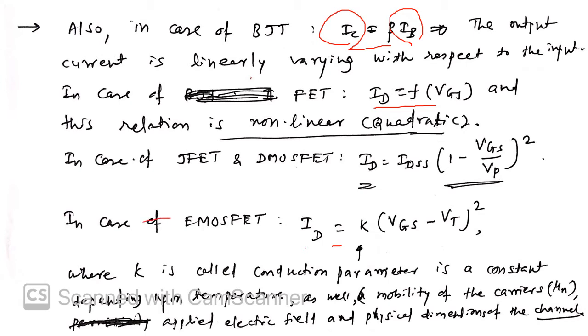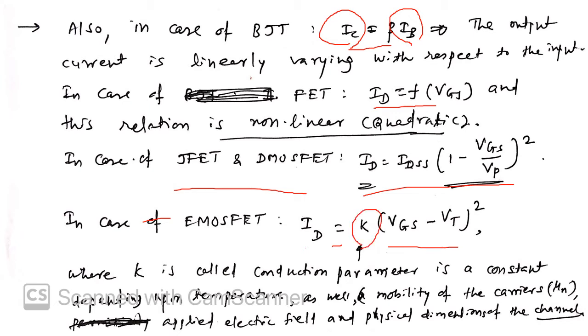In case of JFET and D-MOSFET, it is ID equal to IDSS into (1 minus VGS over VP) whole squared. And similarly for E-MOSFET, ID is equal to K into (VGS minus VT) squared, where K is a constant.